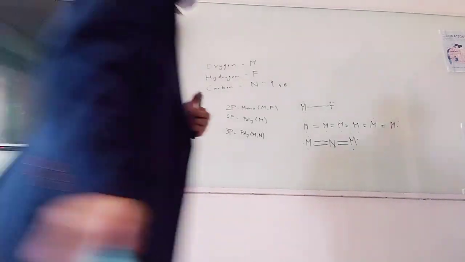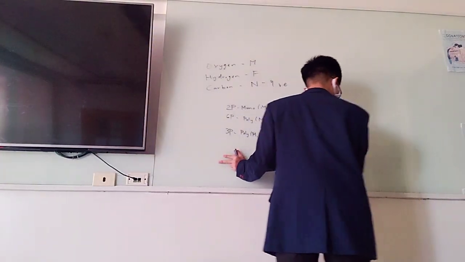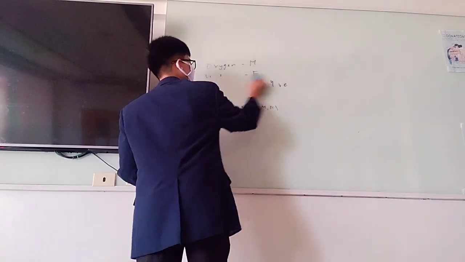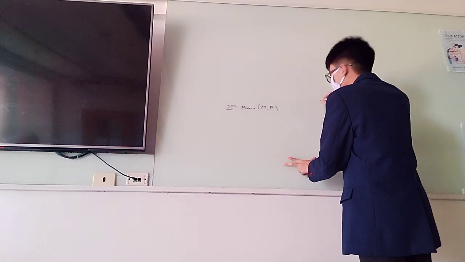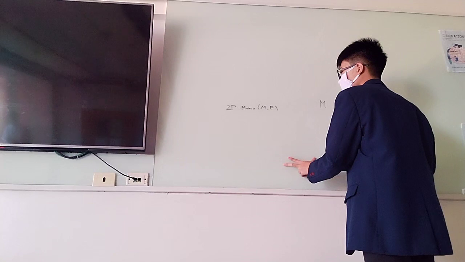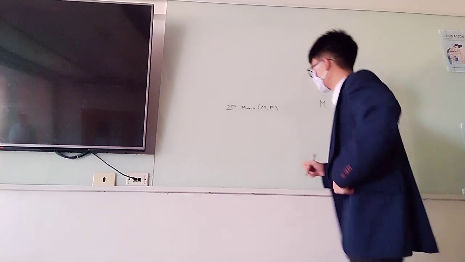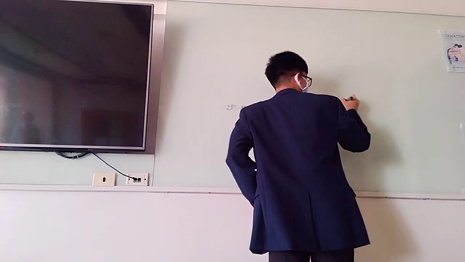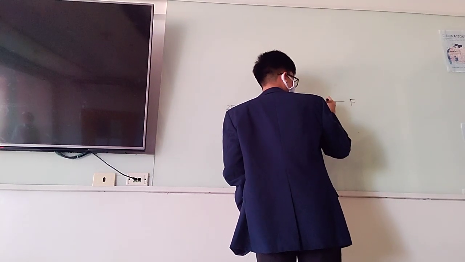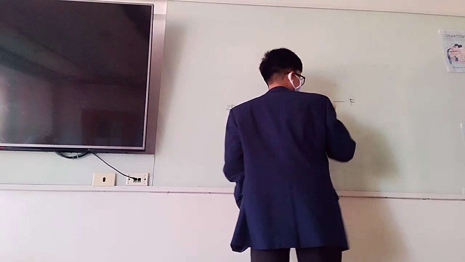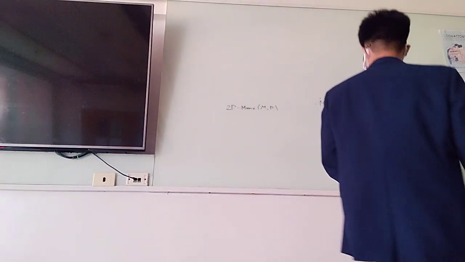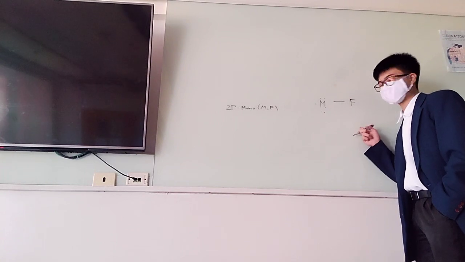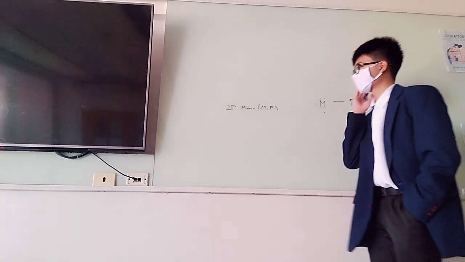I'm going to erase this, and I will reuse this 2p mono relationship and draw the Lewis structure again. Okay, so how do we specify the strength of this relationship without having to affect the valence electrons of each element in the relationship?